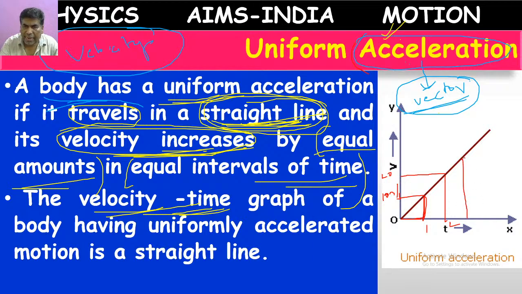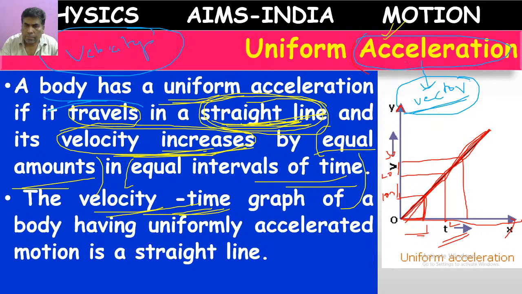Again, this is the third second. What is the velocity here? 30 meter per second. Like that, we take points on this straight line. Here we have the x-axis, here we have the y-axis. On the x-axis, time we have taken. On the y-axis, velocity we have taken.